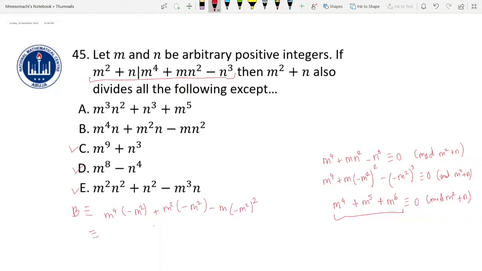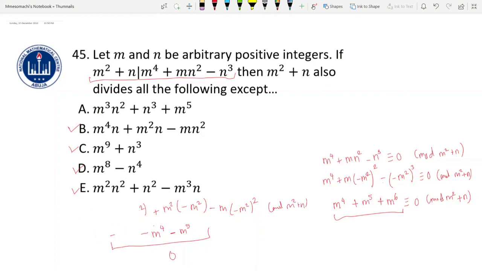So this is congruent to negative m to the sixth power, negative m to the fourth power, and negative m to the fifth power. So all mod m squared plus n. So we already have that this is just the negative of this, so this is 0. So B works, and so it would have to be A that doesn't work.